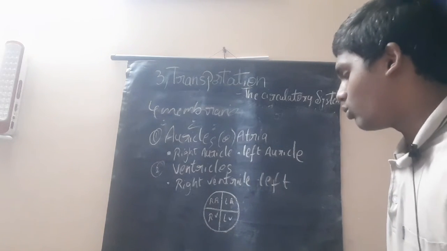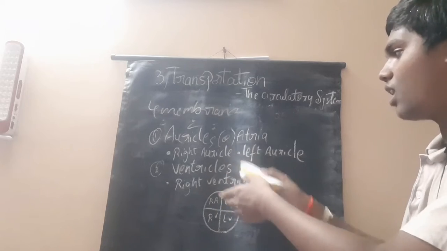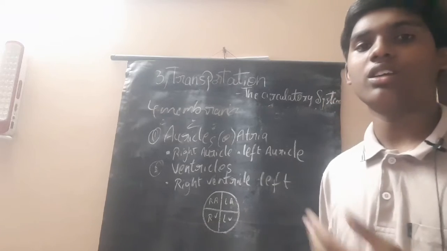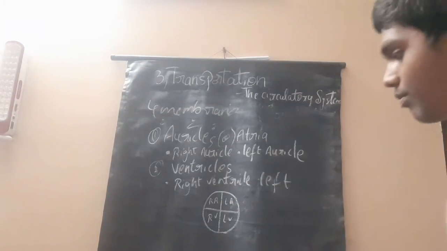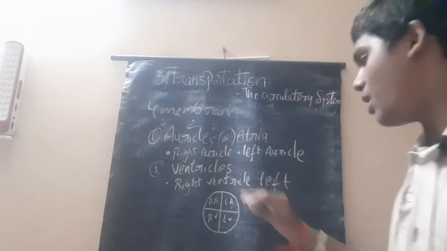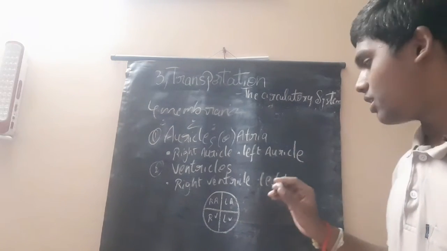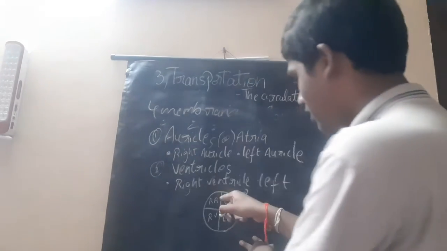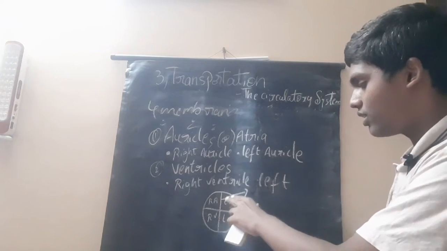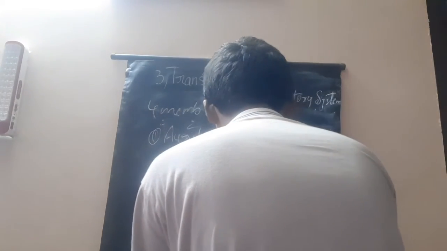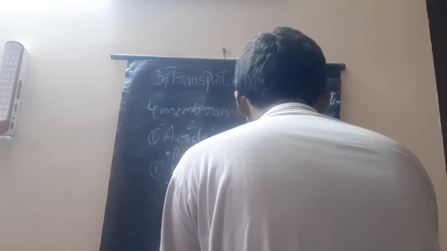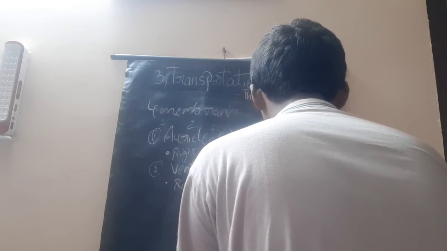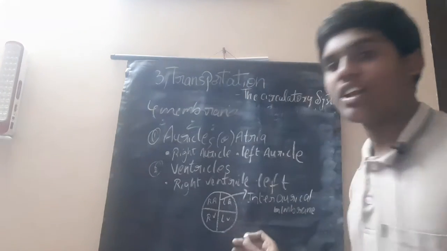Now, which membranes divide these auricles and ventricles, or help in the flow of blood? The line dividing the right auricle and left auricle in the upper chamber is called the interauricular membrane.